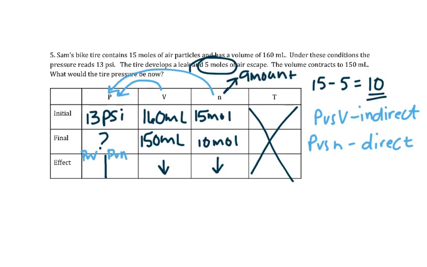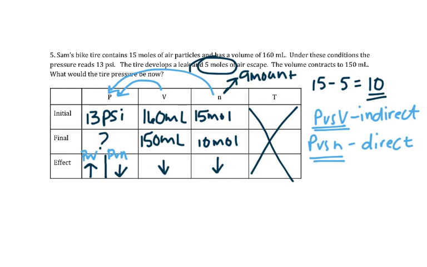Pressure versus volume is indirect. My volume is going down, therefore pressure should increase. Now pressure versus amount: the fewer moles you have, the fewer collisions, so the less pressure, so it should show a decrease.